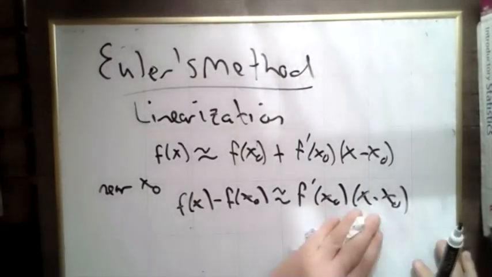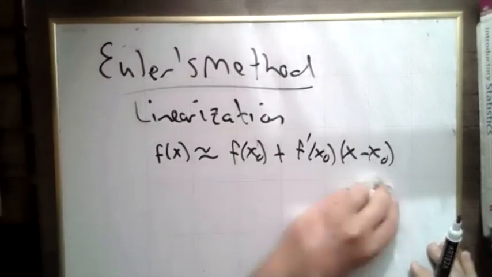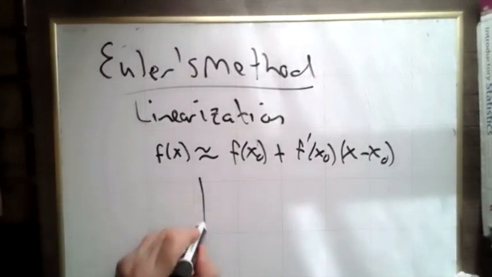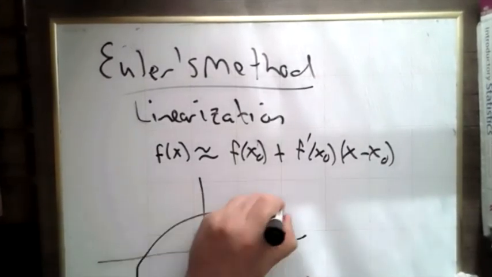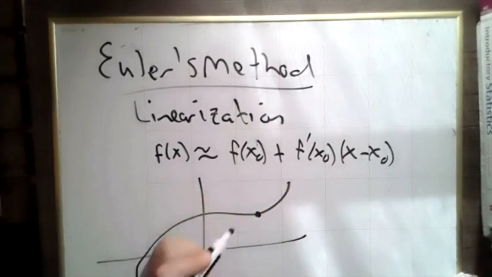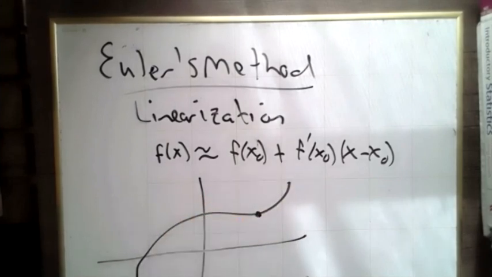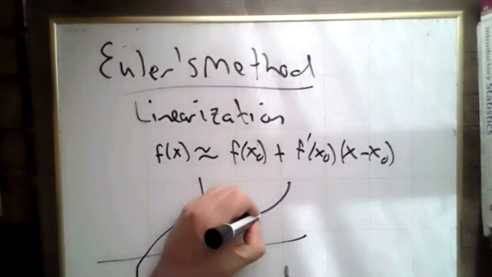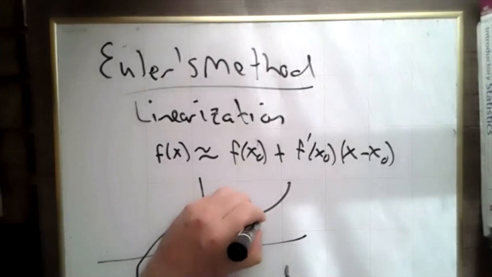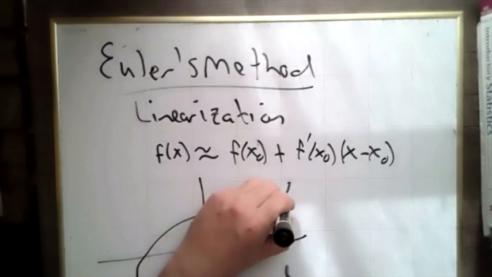So the function values, if I'm on a curve and I know one point on my curve, what I'm going to do is use the slope at that point to find another point. So I'm going to say, oh, well, the slope is in this direction.